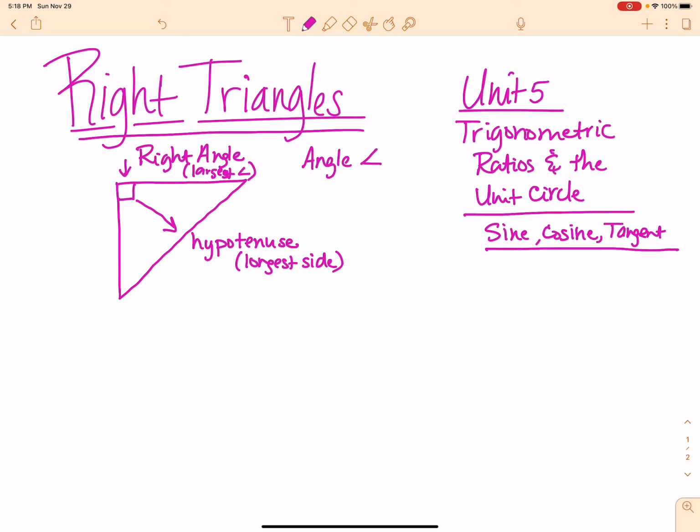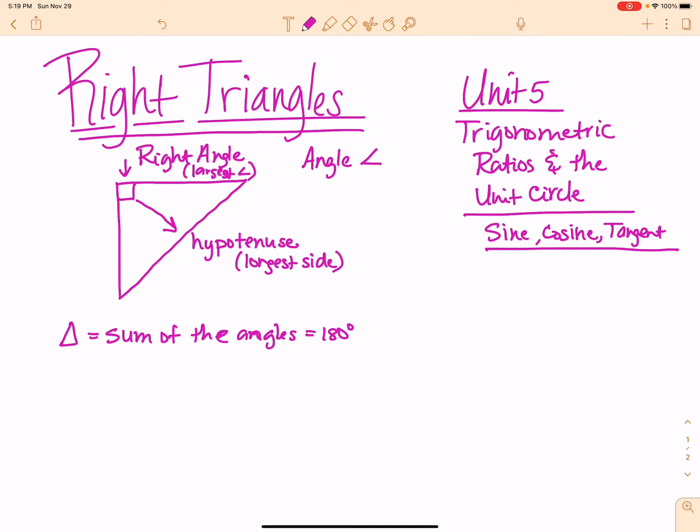And remember that in a triangle, the sum of the angles equals 180 degrees all the time, no matter what kind of triangle it is.